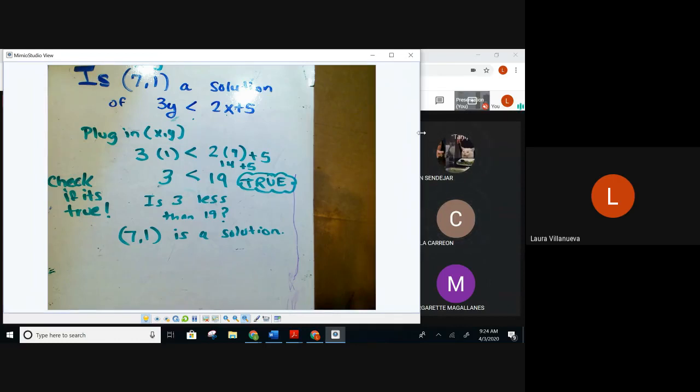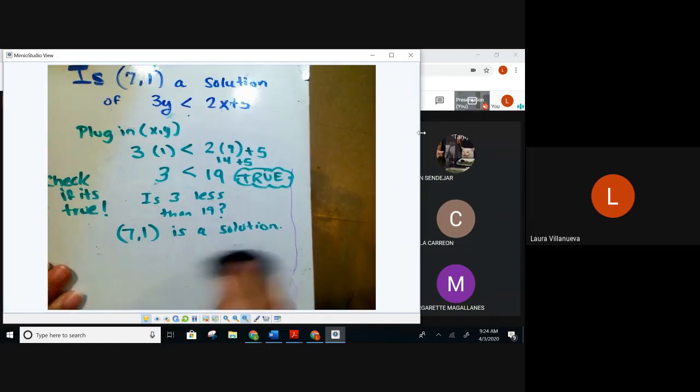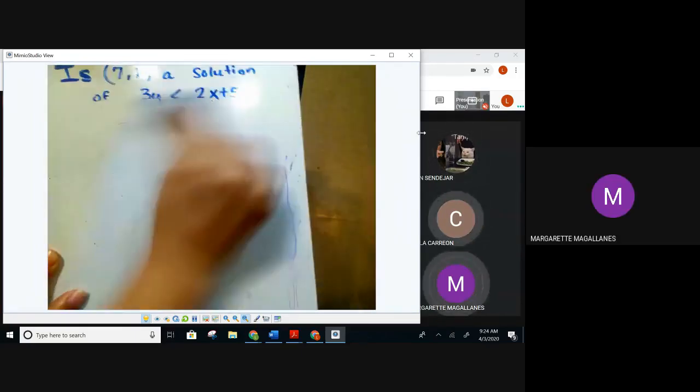Okay, so this one's a little bit different. I'm going to turn over my board just so that you can see the equation. I would suggest you do this nicely on your paper so that you can see the points clearly. Okay?